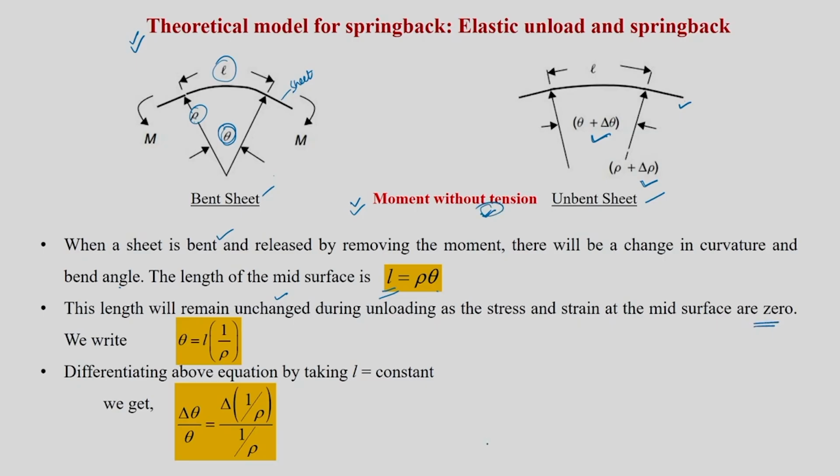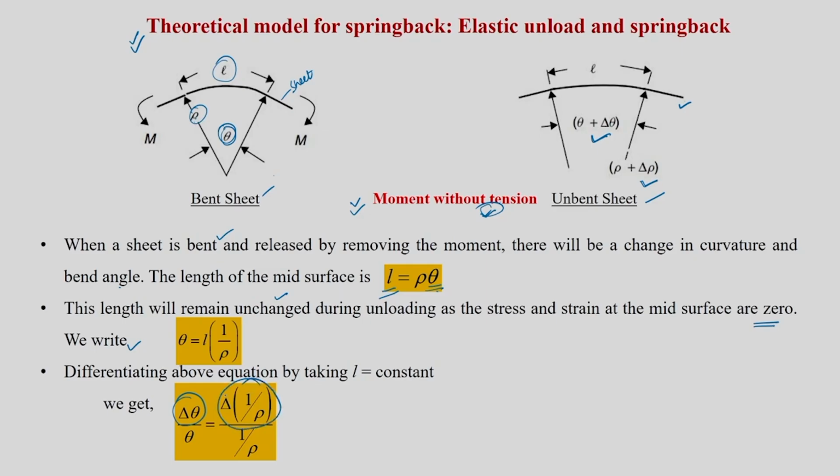Because of that the length will remain the same, and from this equation we can directly write theta equals L into 1 by rho. If you differentiate this equation, you will get del theta by theta is equal to del 1 by rho divided by 1 by rho, where del theta is the change in angle due to this dimensional change called spring back. There will be a corresponding del 1 by rho.